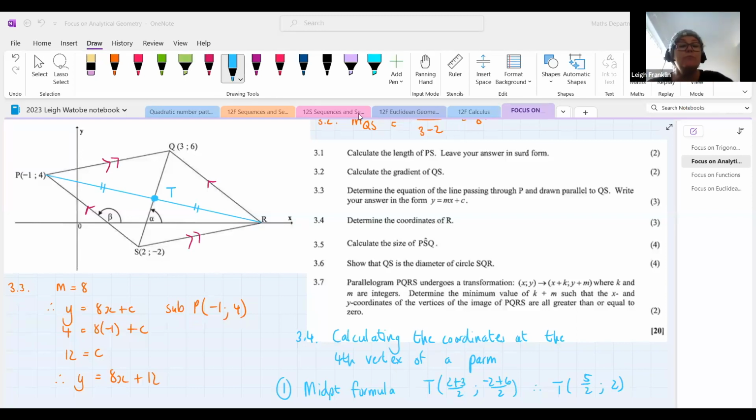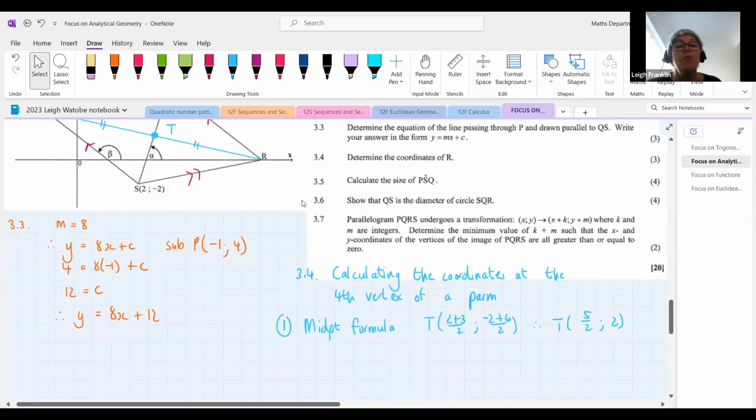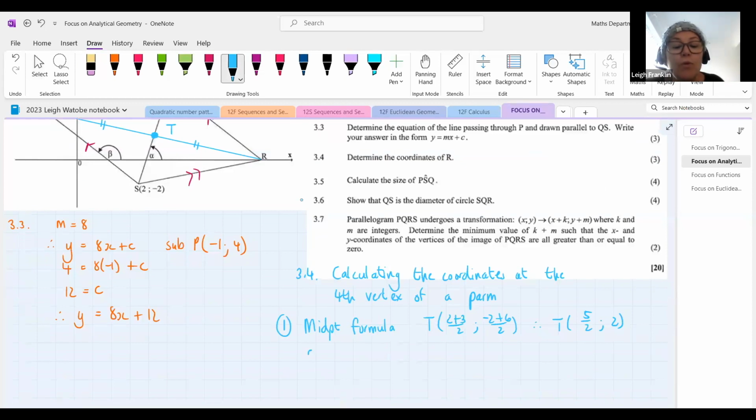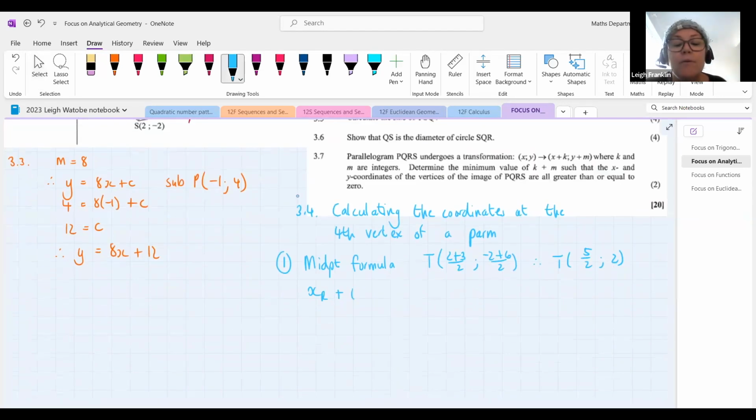Okay. So the coordinates at T are 5/2 and 2. Right. Now we can work backwards to R. So in other words, the x coordinate at R plus the x coordinate at P, which is -1, over 2 is going to be the x coordinate at T, which is 5/2.